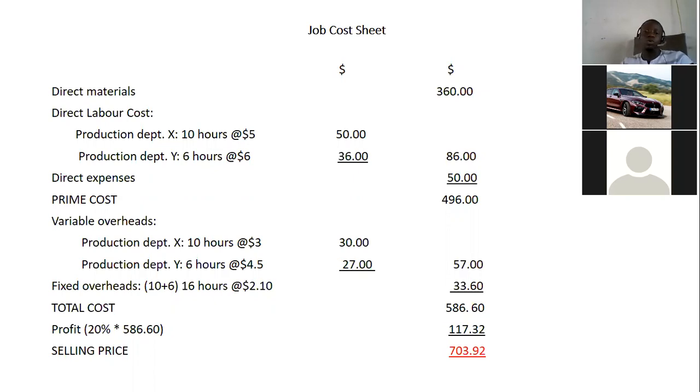So summing up our prime cost, which is 496, our variable overheads, which amounted to $57, and then our fixed overheads, which amounted to $33.60, automatically gives us our total cost of $586.60.